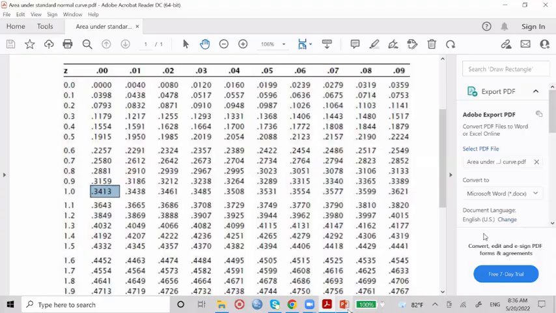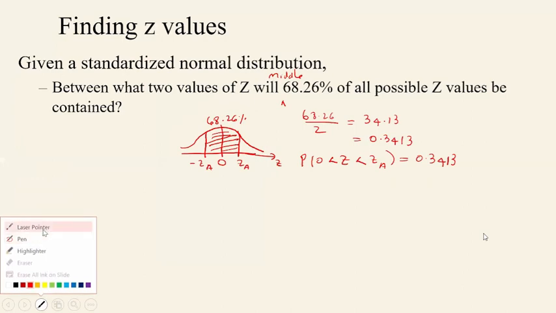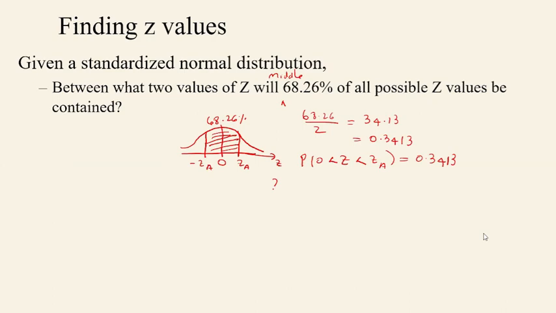Right? So from this, ZA is equal to 1. So that means the probability of minus 1 less than or equal to Z less than or equal to 1 is equal to 0.6826. Right?